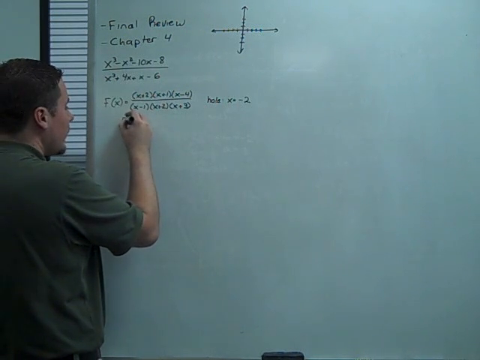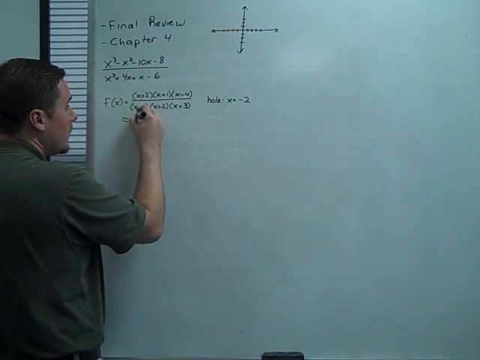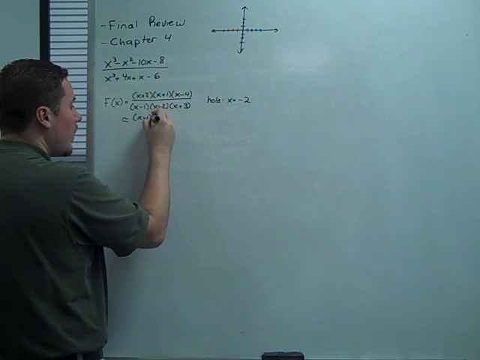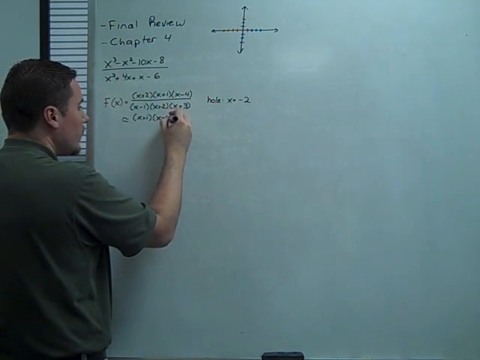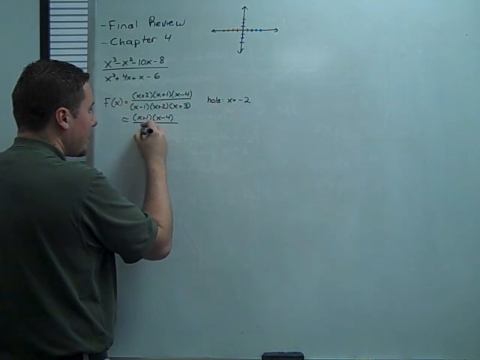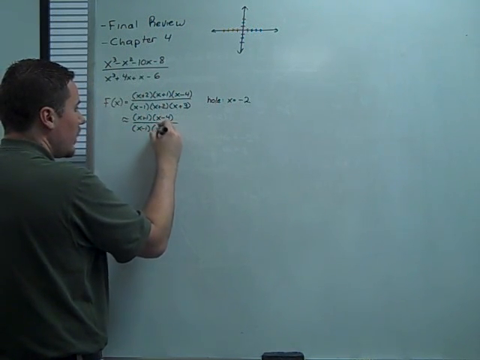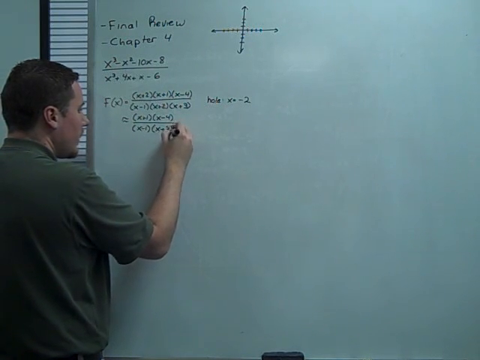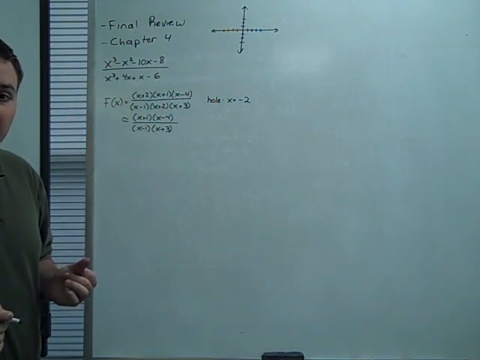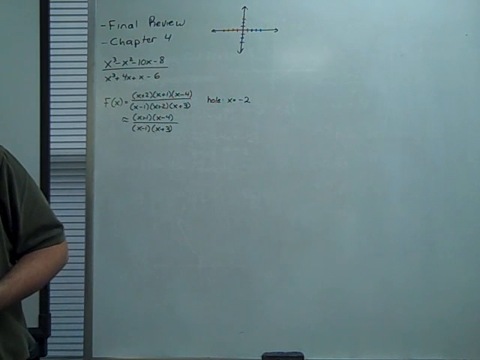But I'm going to say that f of x is approximately equal to x plus 1, x minus 4, over x minus 1, x plus 3. And it's in here that we have all the other information that we're asked for.